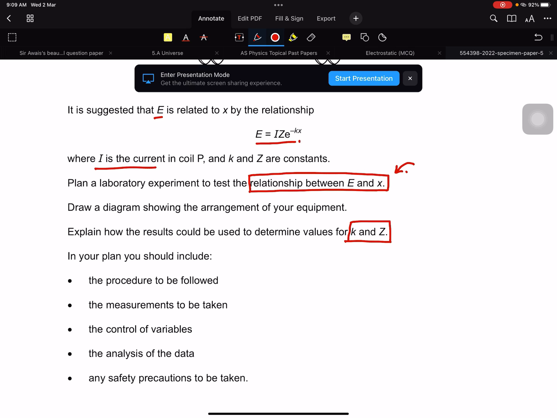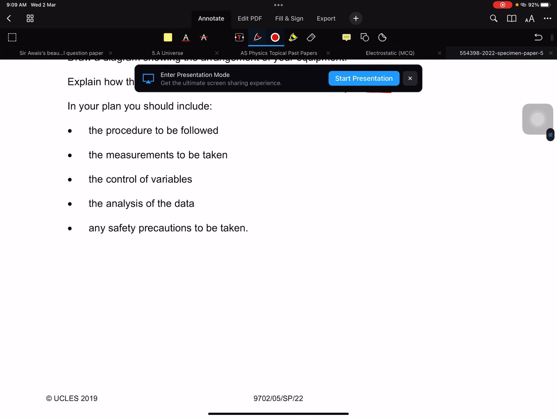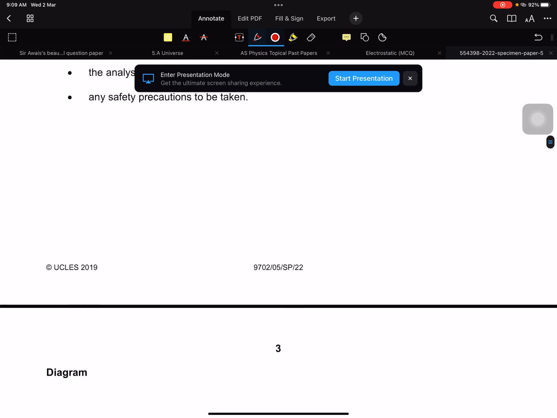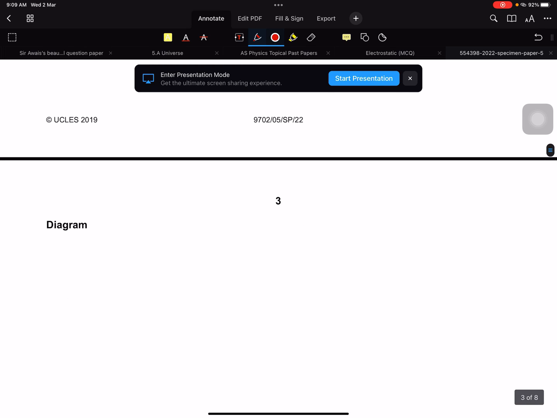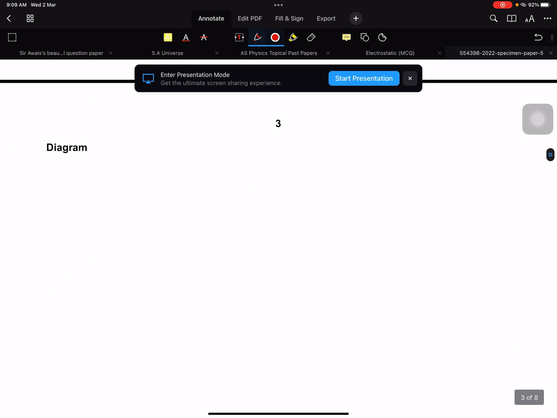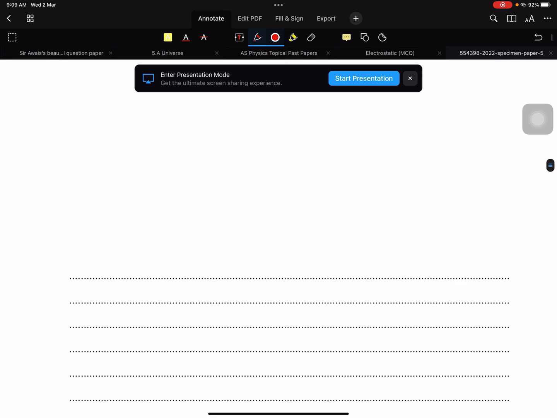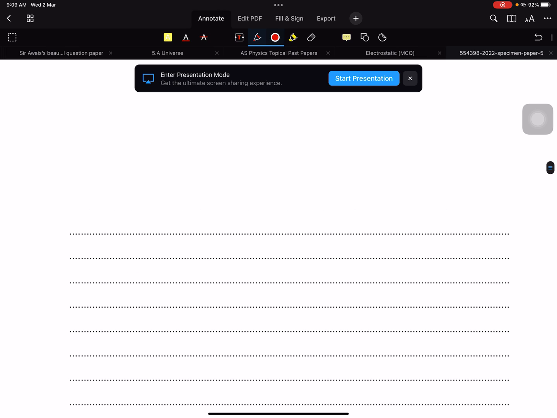This is very important, so let me just break it down. Your whole question will be broken down into generally 5 parts, but you could also do it in 4. Now when you look at it, you will have a space for a diagram. Diagram making is very important and it should not be skipped. But before making the diagram, you should write a problem statement.